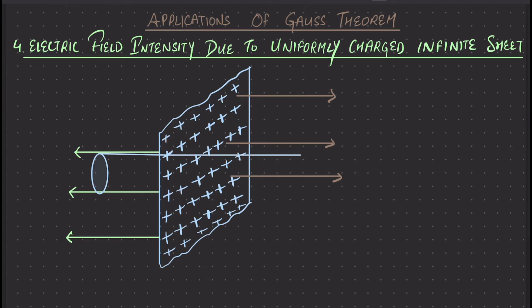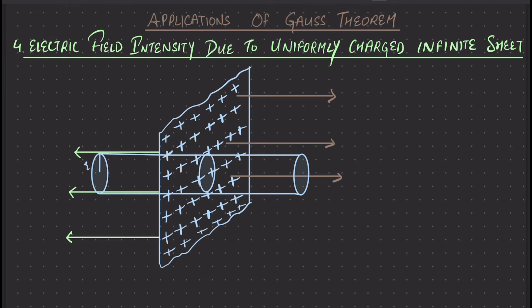So this is a Gaussian cylinder with radius r and length we can take as L. The best part is we need a uniform cylinder of radius r and length L, and in order to show it in 3 dimensions I will put another circle over here. So now we can imagine it 3-dimensionally.